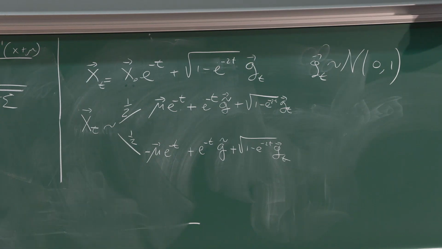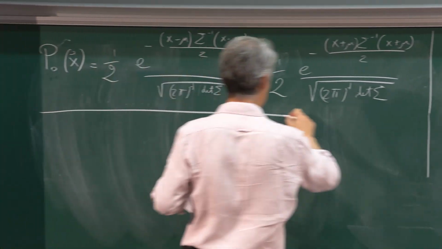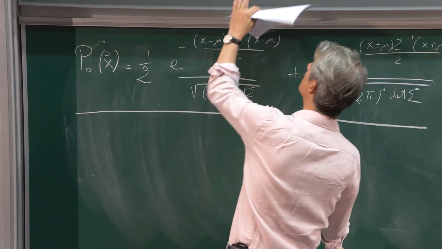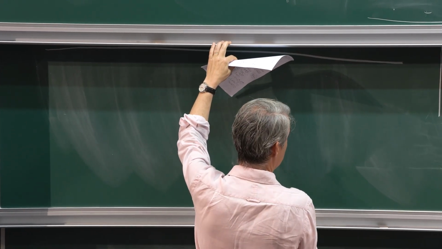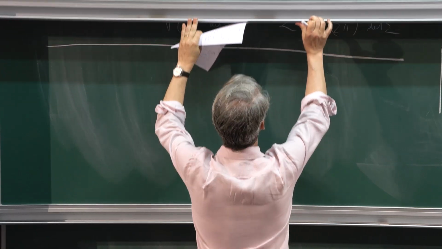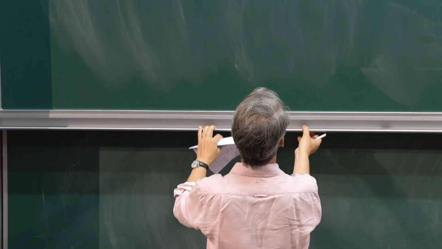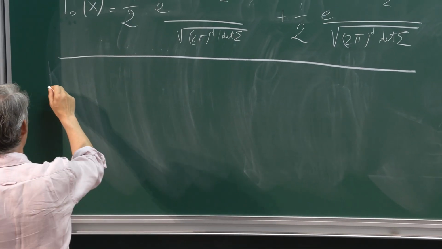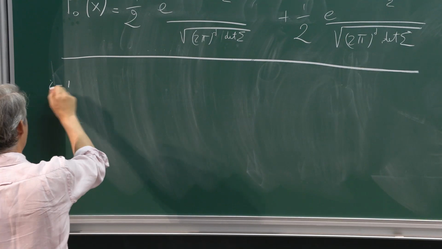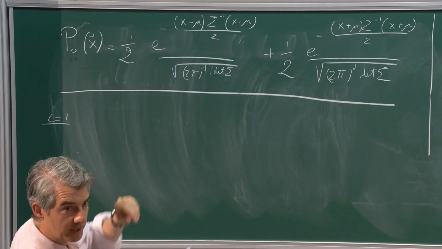Now, let's go in the basis that diagonalizes sigma, just to keep things simple. Let's say I have the first component, i equals 1. This one corresponds to the direction mu.